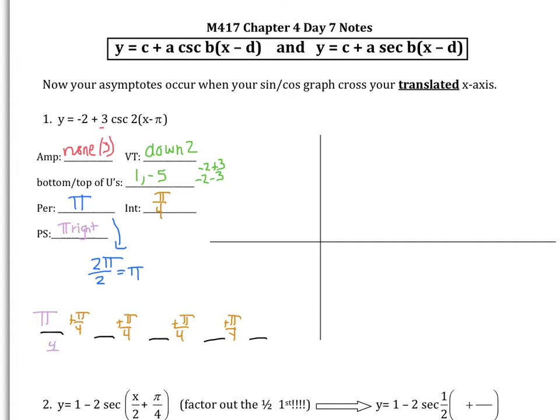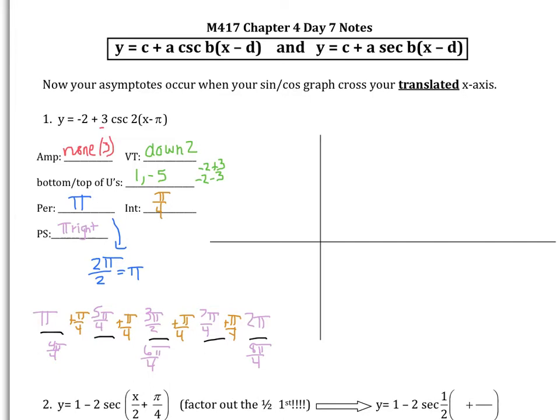That's like 4 pi over 4. Plus 1 gives me 5 pi over 4. Plus 1 gives me 6 pi over 4, which reduces to 3 pi over 2. Plus 1 gives me 7 pi over 4. And plus 1 more gives me 8 pi over 4, which reduces to 2 pi. So my total period is pi, just like I was expecting.